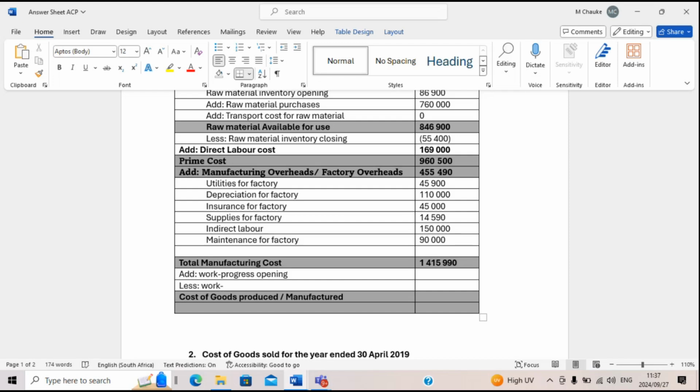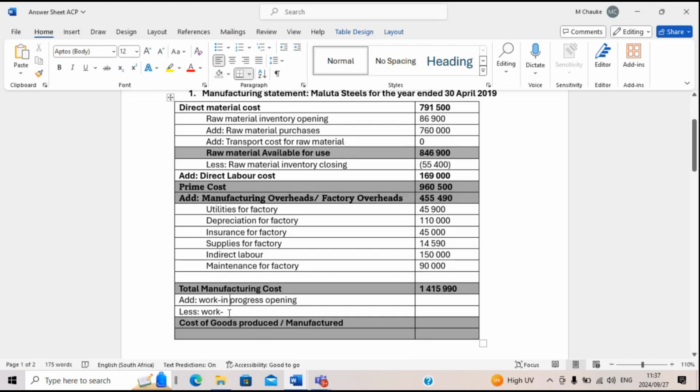On this side must be work in progress closing, right? And then we're going to get our cost of goods produced or manufactured.